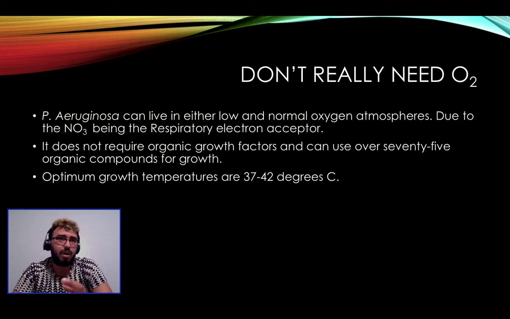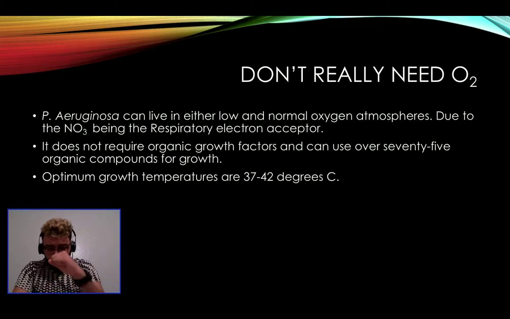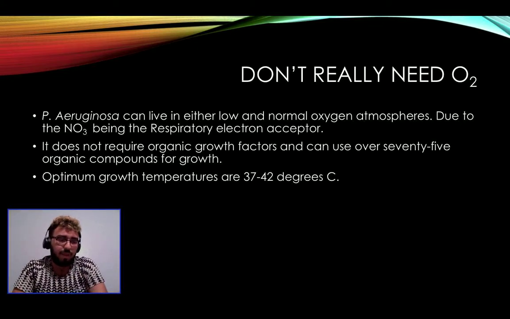But when they're not in good oxygen atmospheres, nitrate, which is NO3, will come into effect and act as the respiratory electron acceptor. By that happening, it'll take its nutrients and all that from NO3.